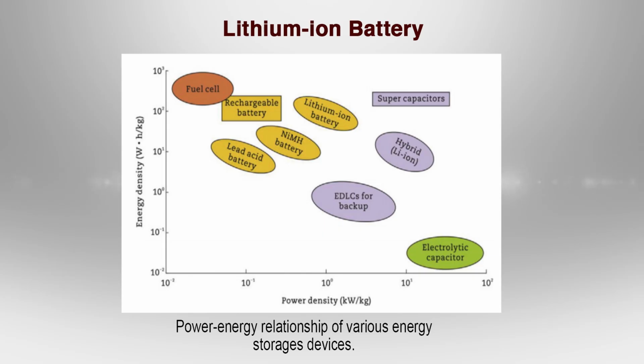And why is it preferable? Because lithium is the smallest metal, first. Second, lithium can release as well as accept electrons, and it has high energy density. Those are the things which make the lithium ion battery more preferable compared to any other battery pack.